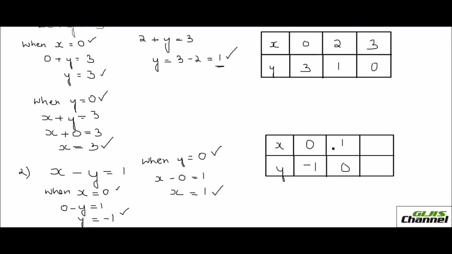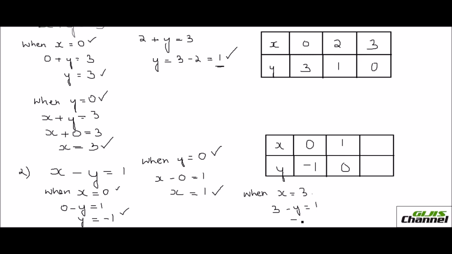And finally you can have one more number. You can use any number, okay? There is no restriction. So let us take when x is some 3 or something, okay? x is equal to 3. So what happens? This is 3 minus y equals 1, right?